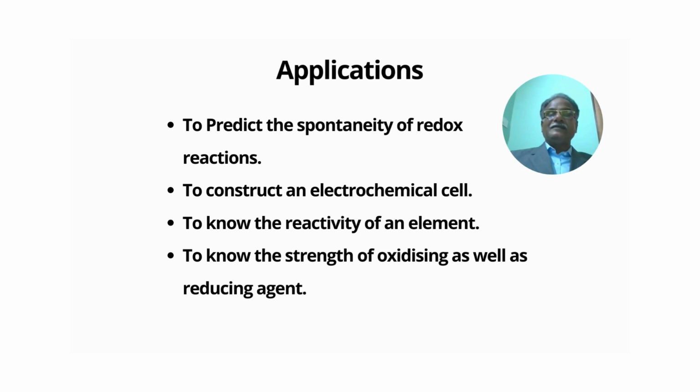Let us see copper. If you want to remove electrons from copper, you have to apply plus 0.34 volts. So it is a weak reducing agent. By means of that, we can apply the electrochemical series.